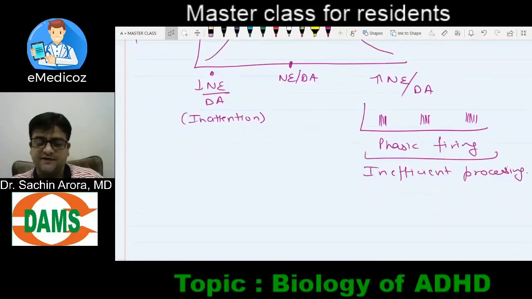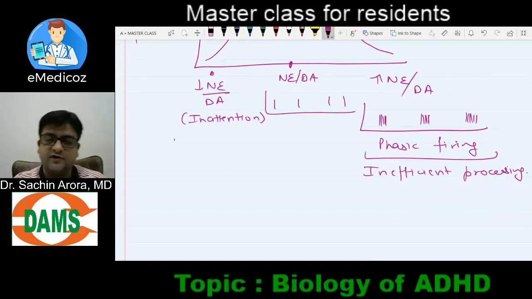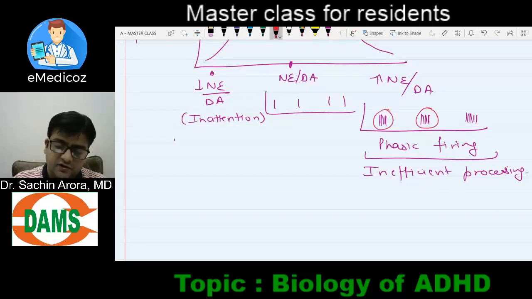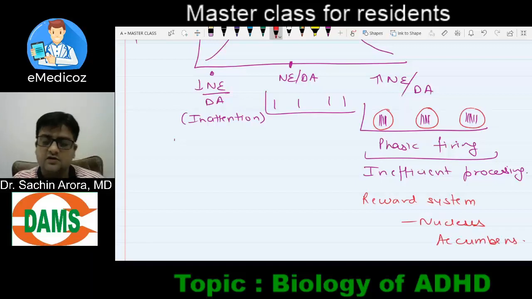Understand the difference between tonic firing and phasic firing. Tonic firing is required for effective information processing. When dopamine has phasic firing, it is linked to the dopaminergic reward system related to the nucleus accumbens. So we need norepinephrine and dopamine in optimal proportion.